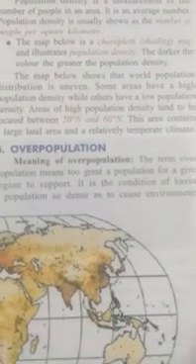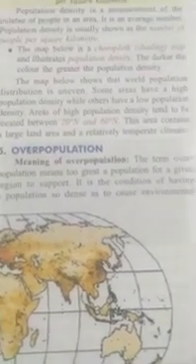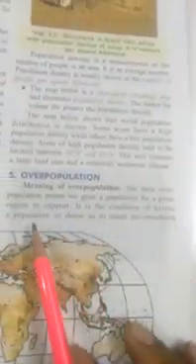Next factor is overpopulation. First of all, we ought to know what is overpopulation. So for it, we'll refer to the meaning of overpopulation. The term overpopulation means too great a population for a given region to support.